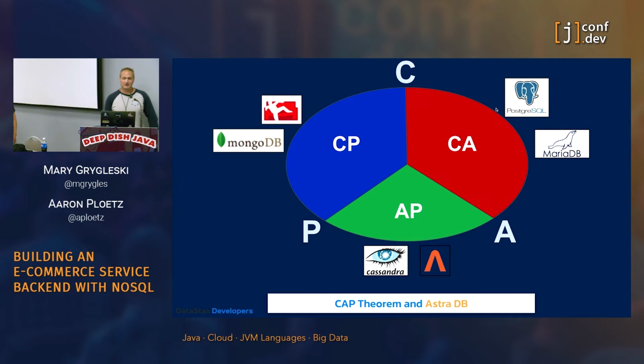Like you can certainly tune Cassandra to be more consistent, but I've always found that when you have a product, it's a good thing to use it in the way it was intended and not try to make it do things it wasn't engineered to do. So that's just me. Anyway, the point we're going to be talking about today is definitely on the AP side. So think highly available, able to withstand network and partition outages, but eventually consistent.